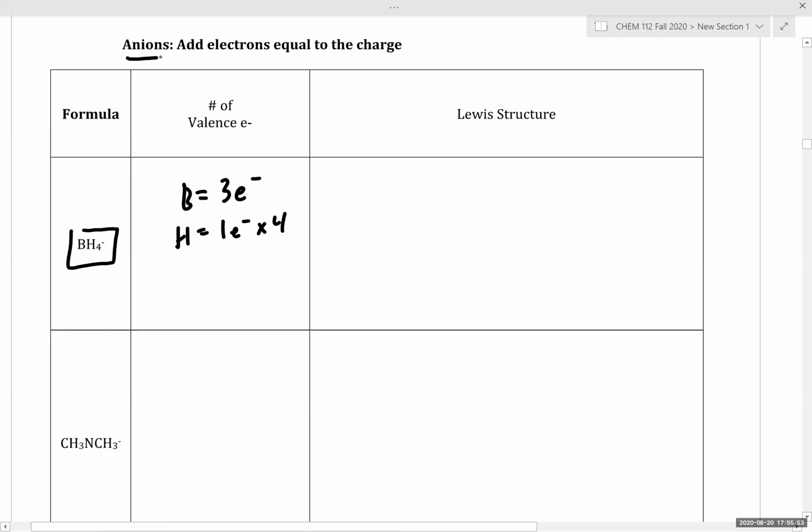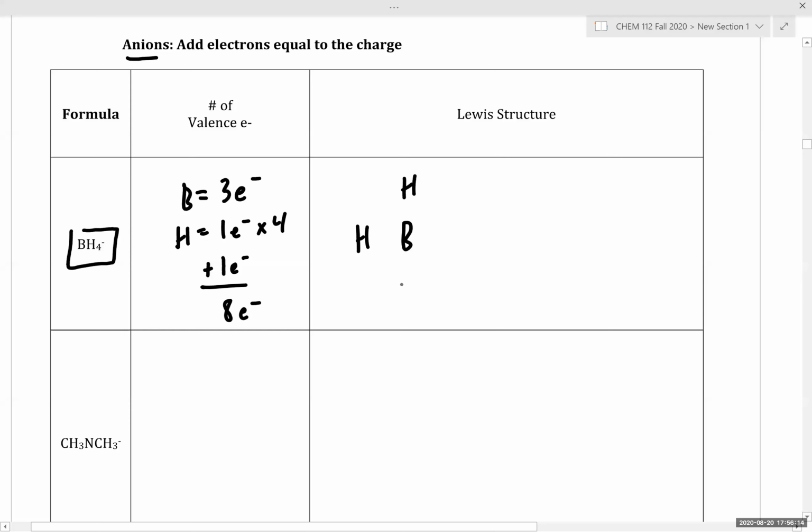But since we have an anionic species, do we add or subtract the charge? Add. Add the charge, exactly right. So we add 1 electron to our total. That gives us 8 electrons. We put boron as our central atom.